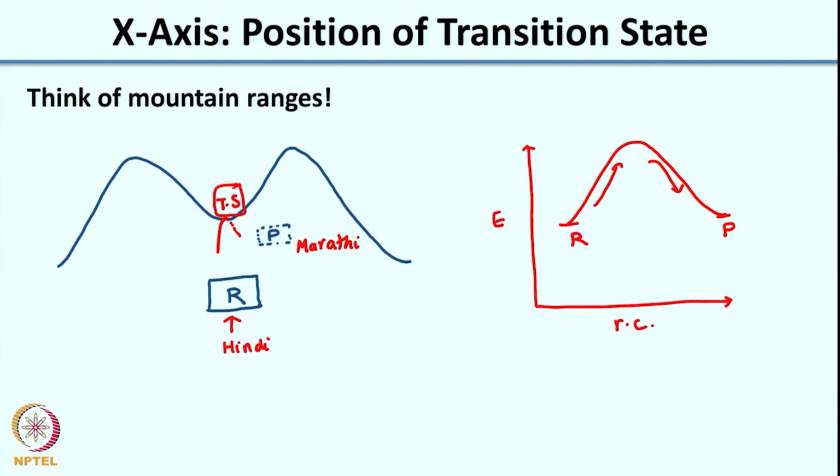Again, I will repeat the question. You are going from city R to city P, the journey takes 2 hours, but as soon as you travel for like 10 minutes, you reach TS, which is the valley or the top of your journey, and after that it takes you only 1 hour 50 minutes to reach P. So what do you think the people who live in the city TS will be speaking, more Hindi or more Marathi?